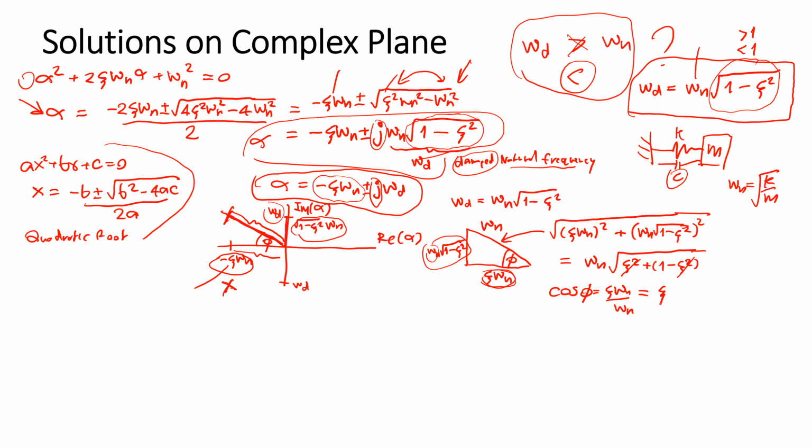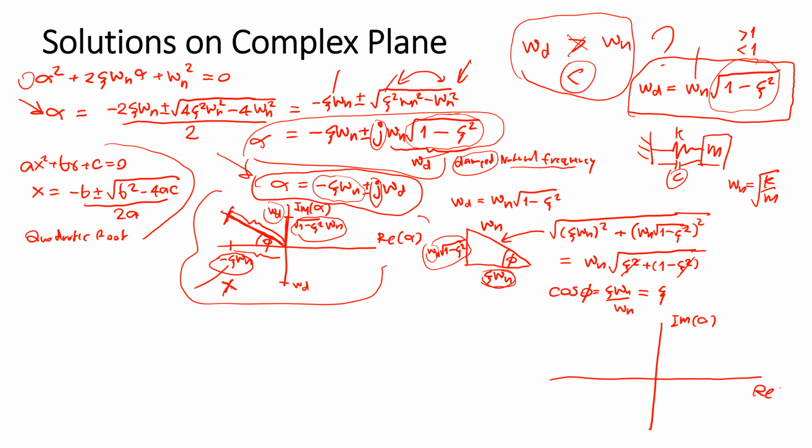Why am I trying to draw this picture to represent alpha? We redraw the picture again. We have the imaginary part of alpha and the real part of alpha.